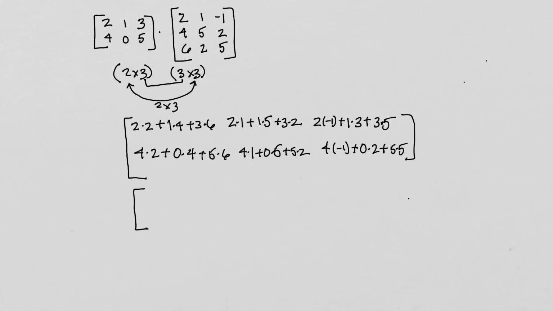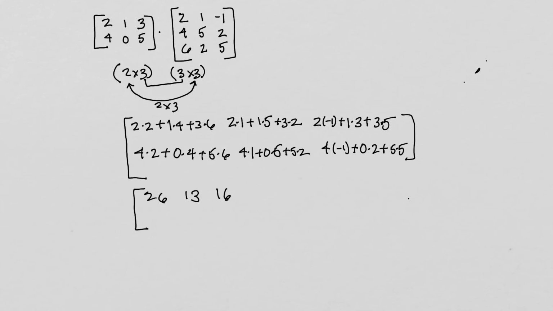What we're going to get is, let's just take a look at what we have here. We get 4 plus 4 is 8, plus 18 is 26. And then right here, we're going to get 2 plus 5 is 7, plus 6 is 13. And then we're going to get negative 2 plus 3 is 1, plus 15, so we're going to get a 16 there.